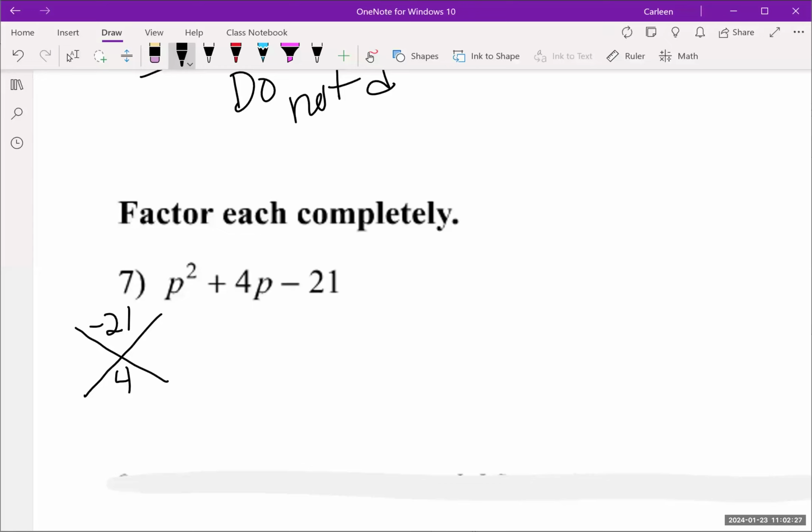We could check the chart of factors. Okay, so let's try it. -3 and +7. Yes, those give me -21. Will they give me a +4?